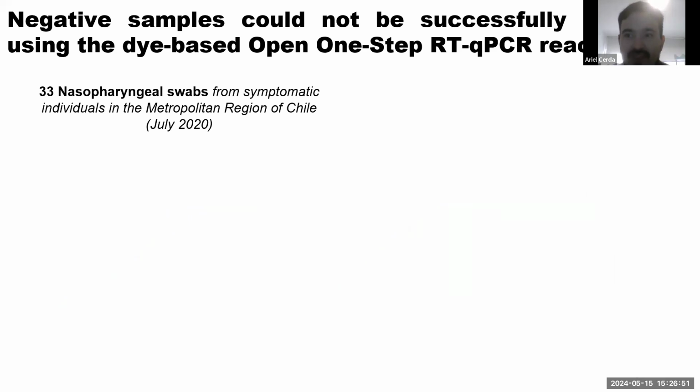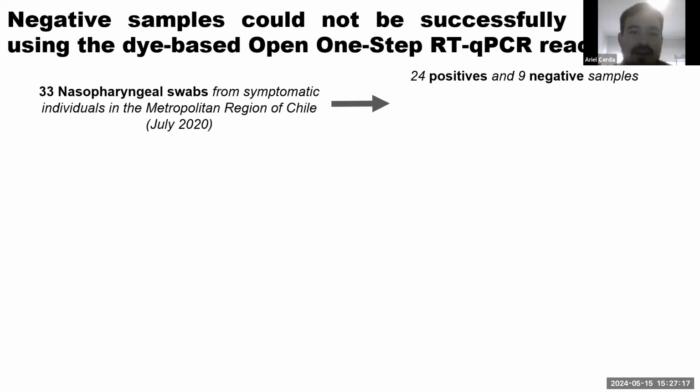Despite the non-specific amplification from the homemade dye-based mix, we collected 33 nasopharyngeal swabs from symptomatic individuals in Chile at the UC Christus Health Network, which is very close to the Universidad Católica. Of these samples, 24 resulted positive and 9 negative.